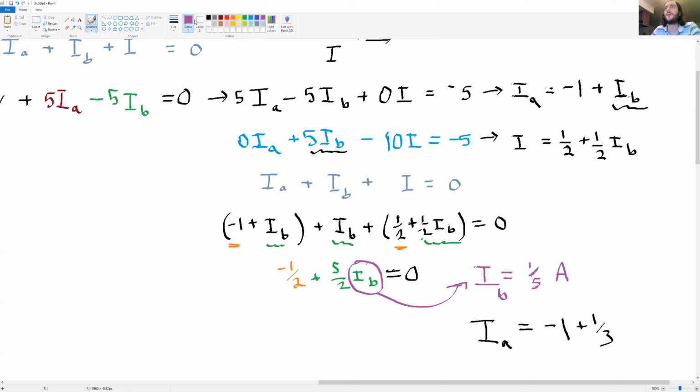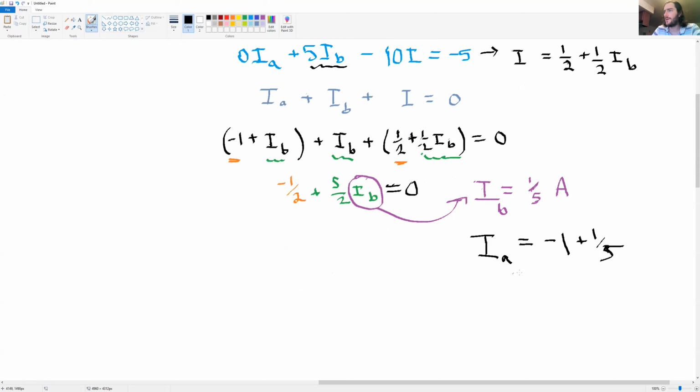There we go. And then here, yep, this would also change. So it would be 1/5 here. Maybe I can just, there we go. And so then IA would just be -4/5 then in that case.